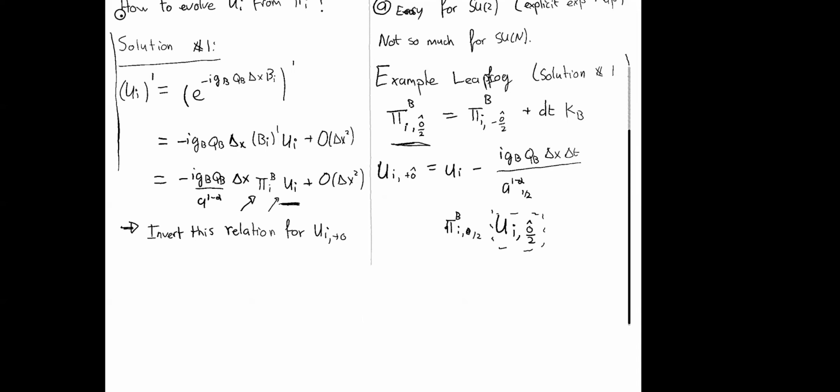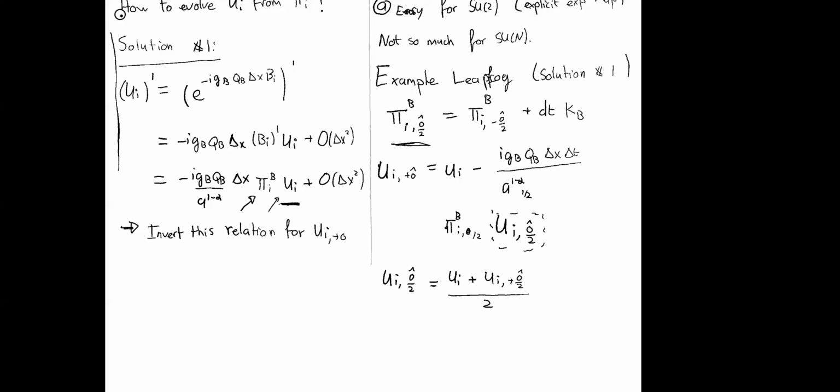So the way to go around that is to do an interpolation and write that this link that lives at half dt is equal simply to the link that lives at minus dt, so ui, plus the link that lives at ui plus, divided by 2.